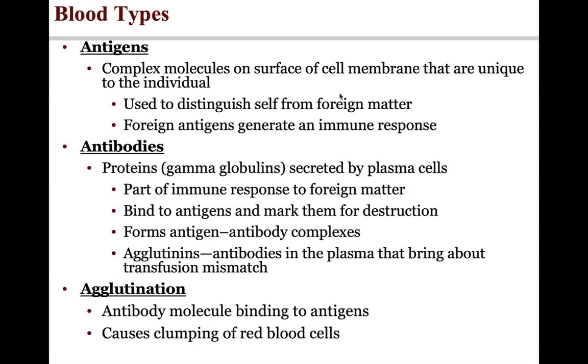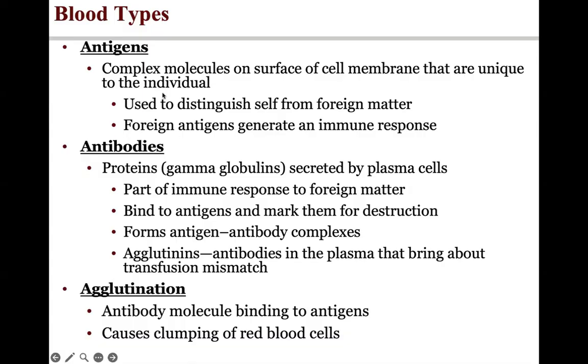One important factor to remember: if the antigen and antibody are similar or the same, they bind to each other. When they bind to each other, they cause clumping of the red blood cells, which is not good. They will destroy the cell if they join together.